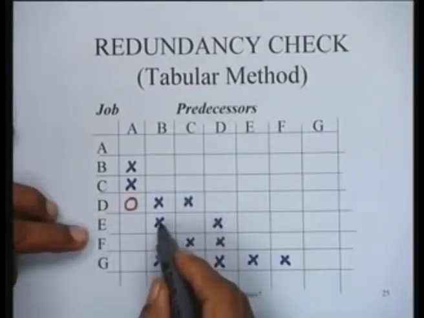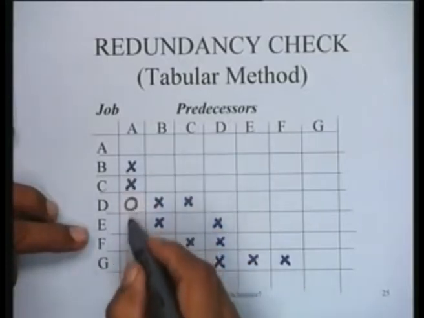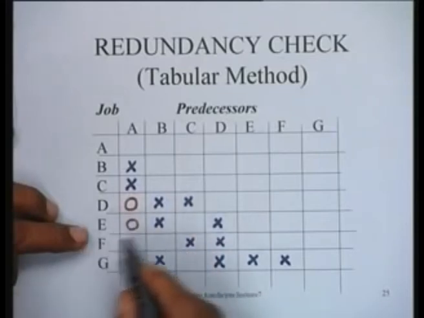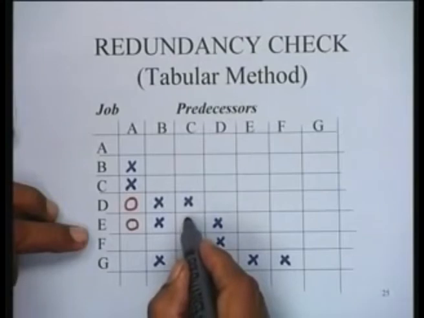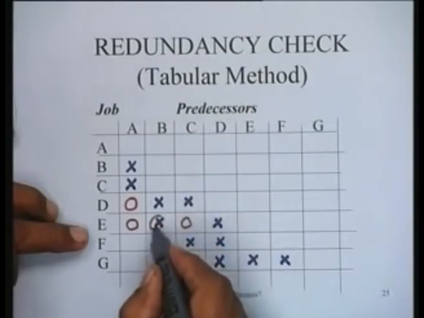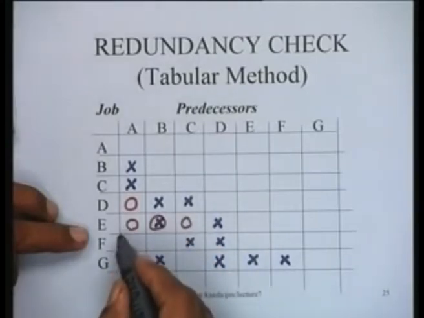Look at E. E has B and D, so B has, just transfer this information down, and for D all the three. So you transfer this information down for all the three, and this is already there, right?